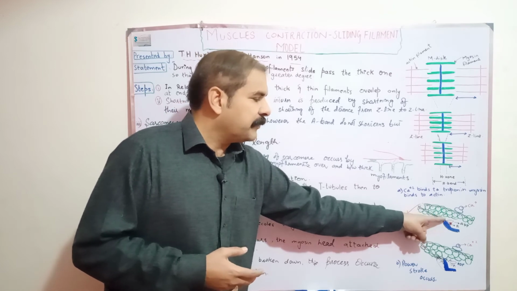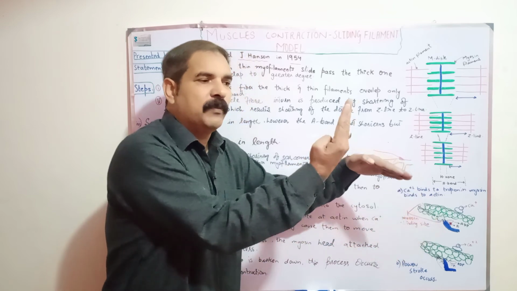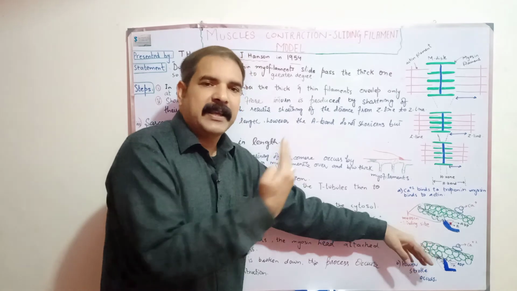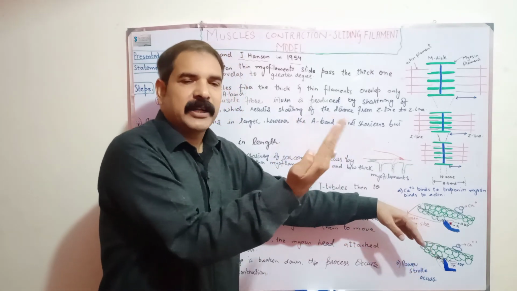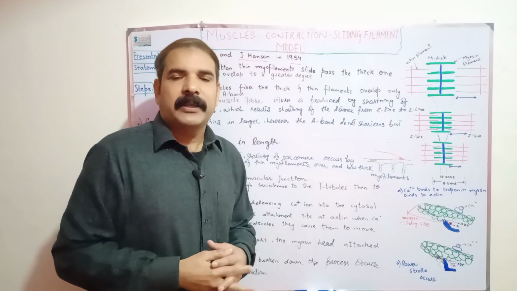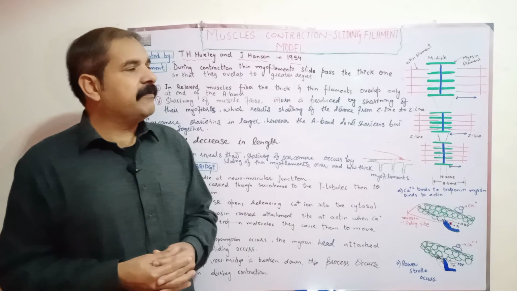The head immediately attaches with it using ATP, contracts like that, moves like that, and when contracted, another ATP is utilized and moves it back. This movement, contraction, relaxation, or breaking and forming of cross bridges continues, and the muscle is finally contracted. So this is the sliding filament model.